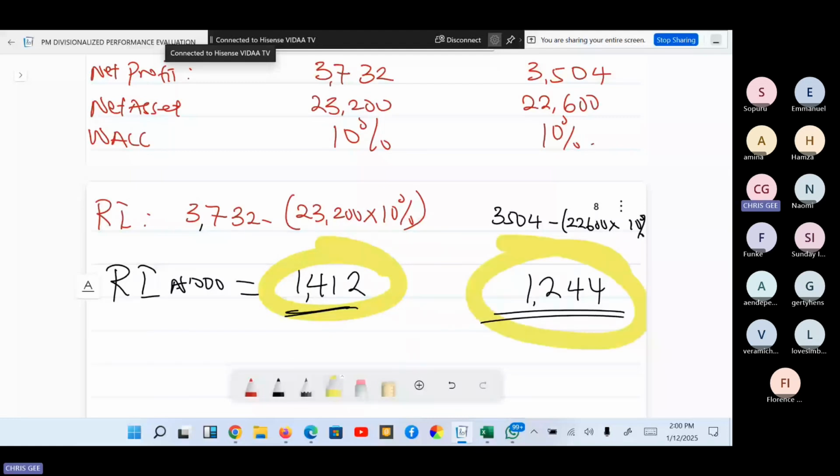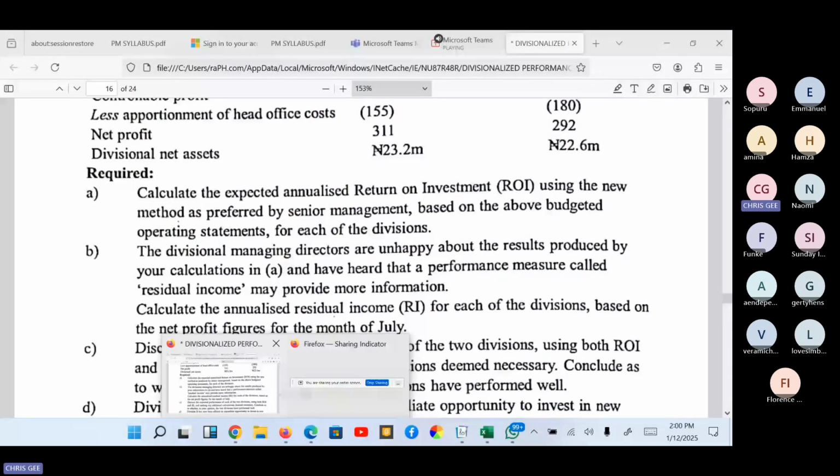Now, because of time, let me show you something that you can go home and battle with, but there's nothing serious. We have done this B part. Now look at this C. Discuss the expected performance of each of the two divisions using both ROI and RI and making any additional calculations deemed necessary.